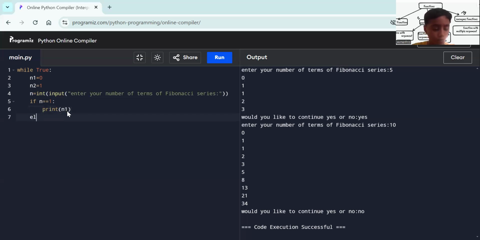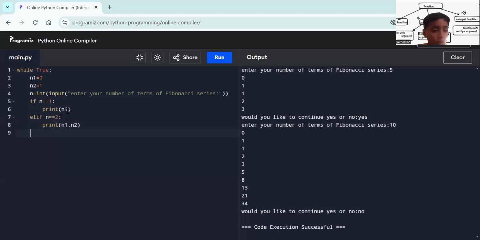So elif n equals 2, I have to print 0 and 1. Okay? So print 0 and 1. So n1, comma n2.